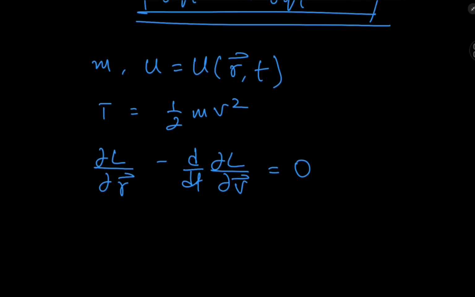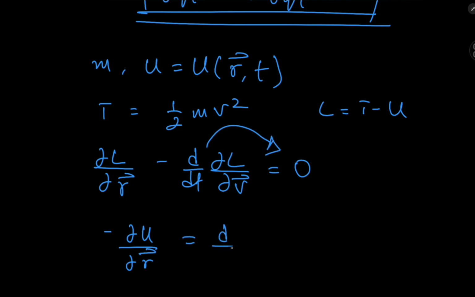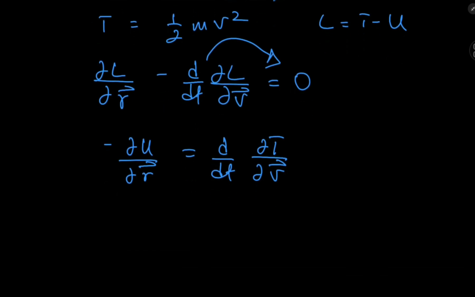Now, L equals T minus U, and T here is independent of position, so that means partial L by partial r is just negative partial U by partial r, and writing this on the right hand side we have d by dt, and because U is independent of velocity we have d by dt of partial T by partial v. Now wait a minute, what exactly does differentiating a scalar field with respect to some vector even mean?